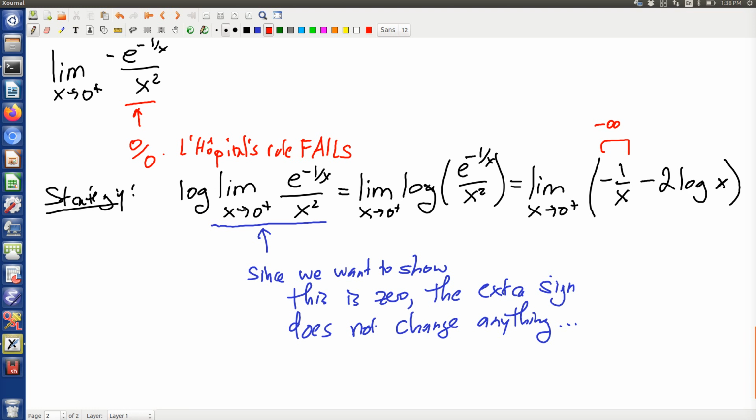And the logarithm, as x goes to 0, goes to minus infinity. But I got an extra minus sign, so this goes to plus infinity. So I'm left with still an indeterminate form, but instead of it being 0 over 0, it's minus infinity plus infinity. Still indeterminate. Okay.